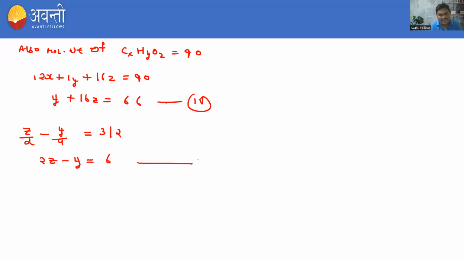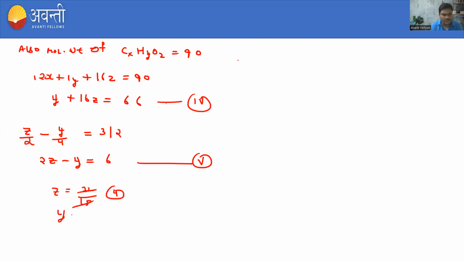So just add these two equations. What will you get? From these two equations you get the value of z. So y gets cancelled and z comes out to be 72 upon 18, that is 4.